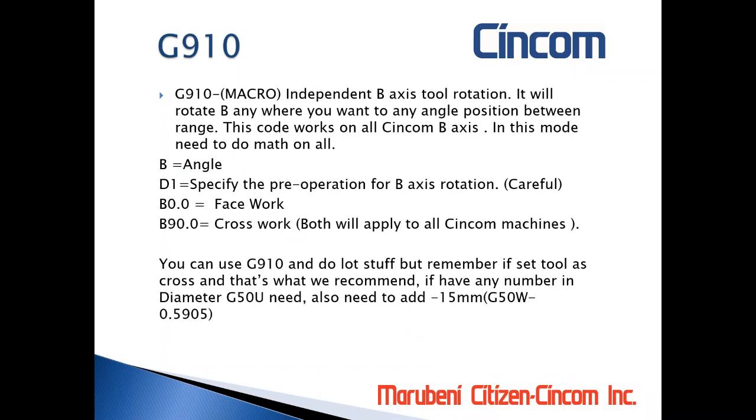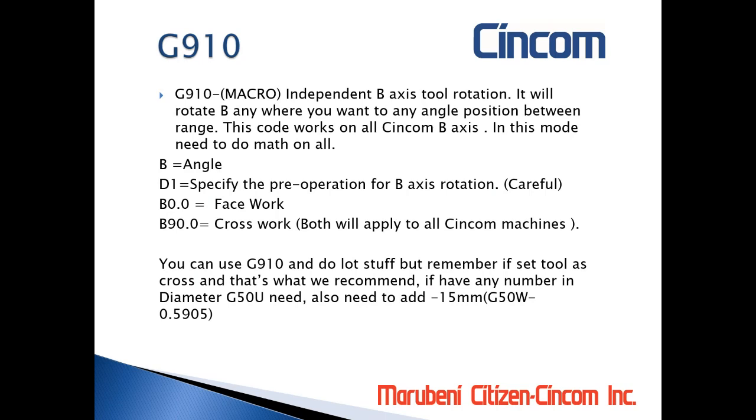This one we will cover later on. I know many people are used to doing it this way, but it will also involve math. It will not take care of the reference tool point. So you have to do the math.